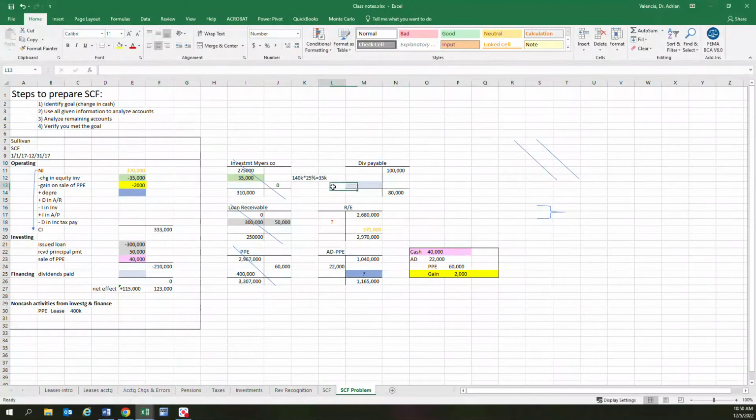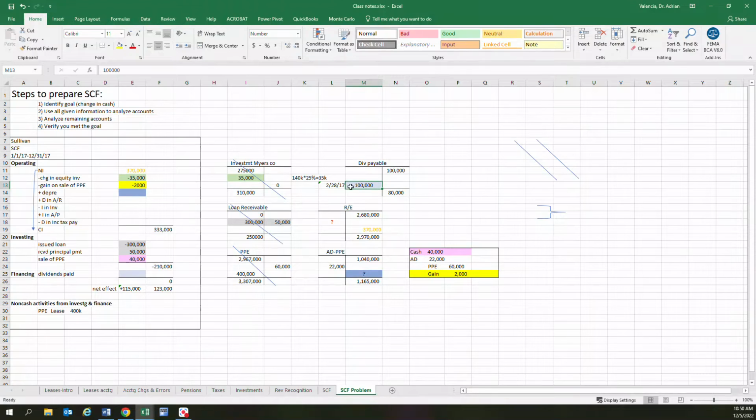So I'm going to put in here, this is just to put a date so we can keep track of this. On February 28th of 2017, we paid $100,000. So in other words, you debited dividends payable and you credited cash.